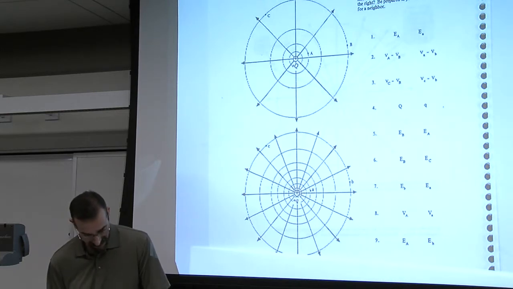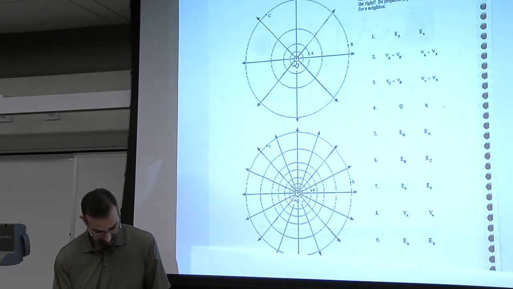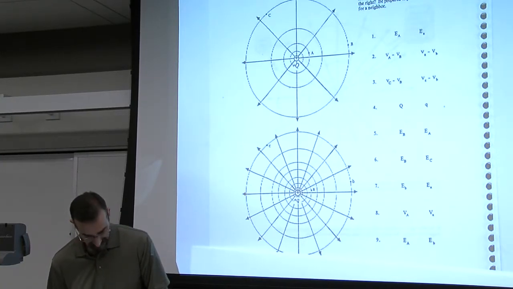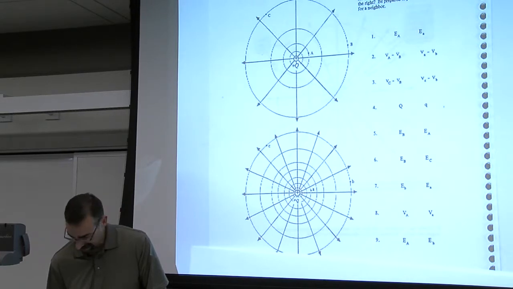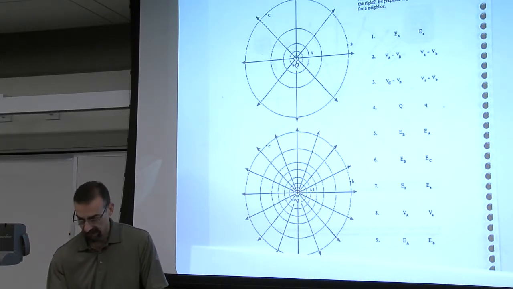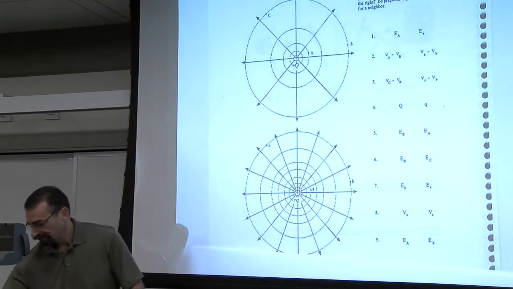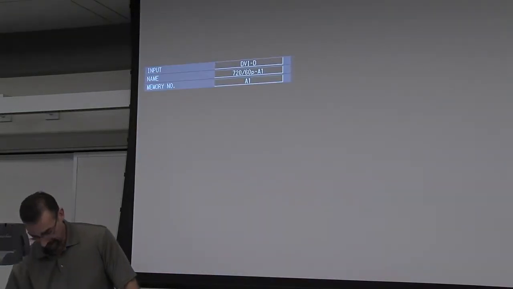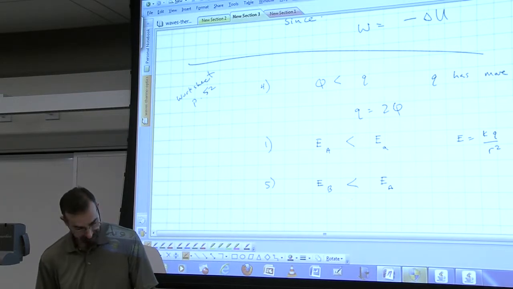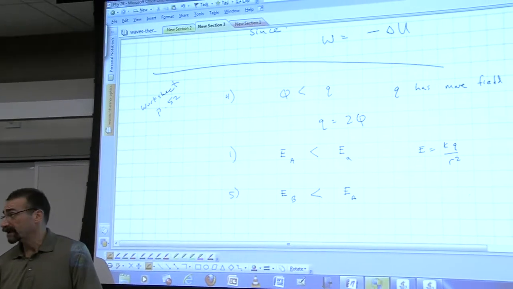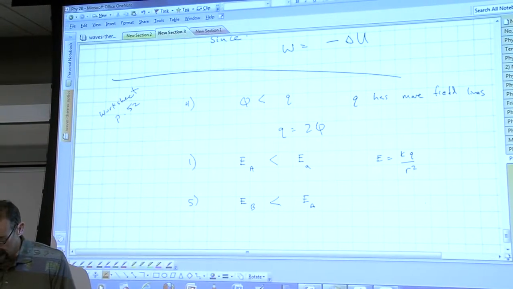Okay, what's next? How about number 5? The electric field at capital B versus capital A. Because KQ over R squared, Q is the same for both, but R is much bigger, right, for B. So it's going to have a smaller electric field.